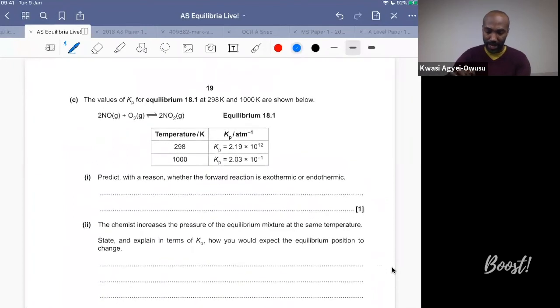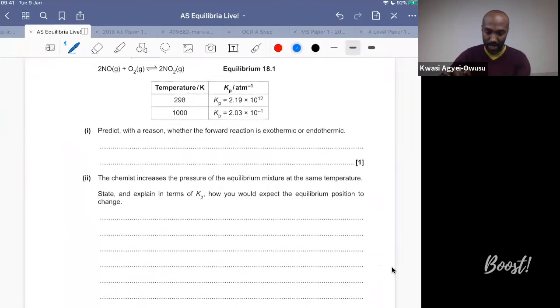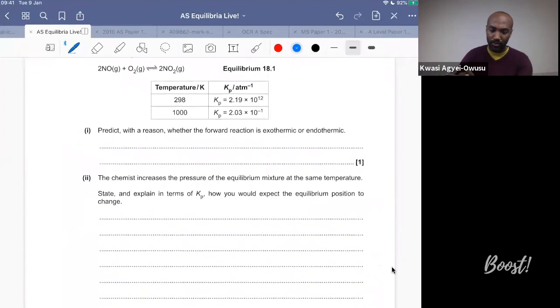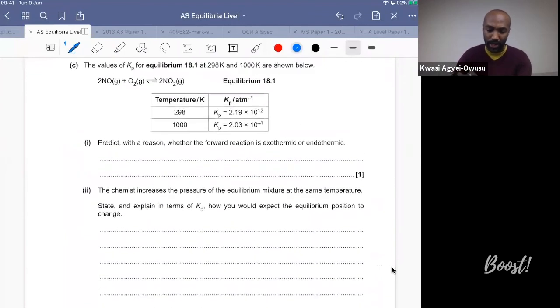Let's have a look at this one here. We don't get to do a Kp calculation here, but we can very quickly look at what's going on. You've got an equation, again, showing the formation of nitrogen dioxide, and you've got the values for Kp at different temperatures. So we're looking at how temperature affects the value of Kp.